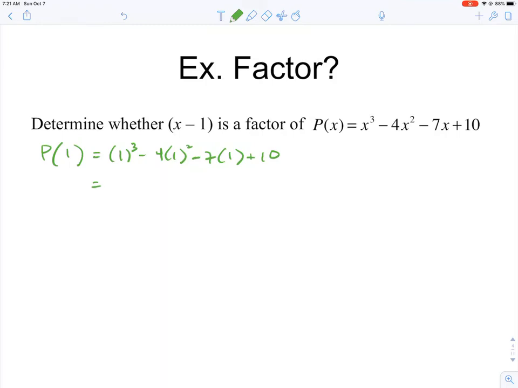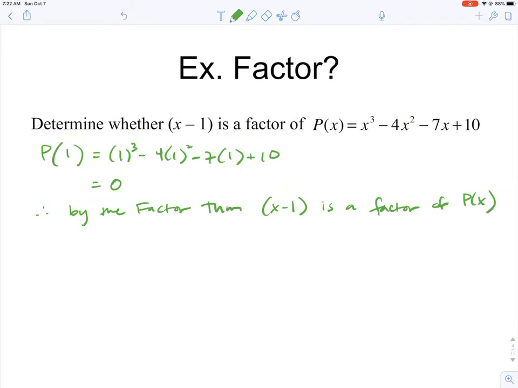So 1 minus 4 is negative 3, minus 7 is negative 10, plus 10 would be 0. So what do you know? Therefore, by the factor theorem, x minus 1 is a factor of p of x.